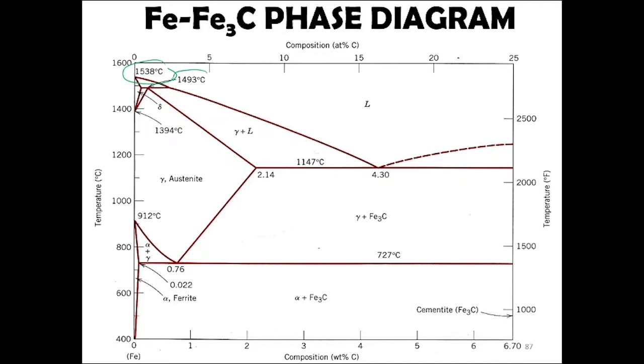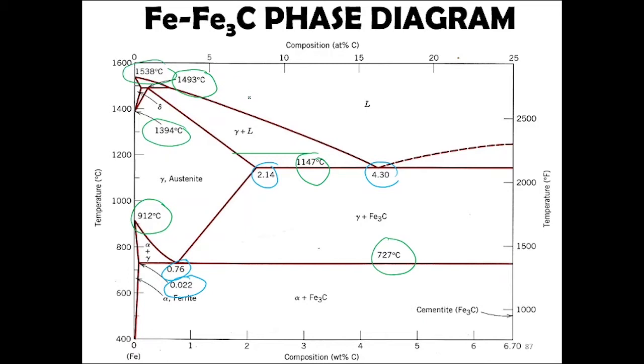There are several temperatures involved. These temperatures locate all the changes that occur, and they are fixed for the iron-iron carbide phase diagram. The last thing is we also need to know the composition where certain changes occur. I circled all the important compositions that we need to know in blue pen.